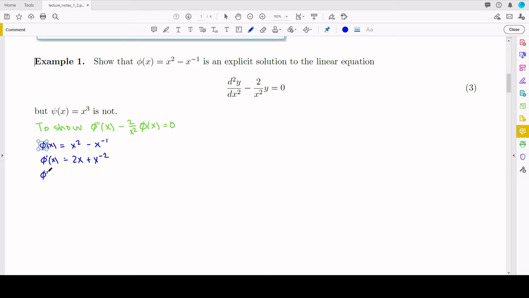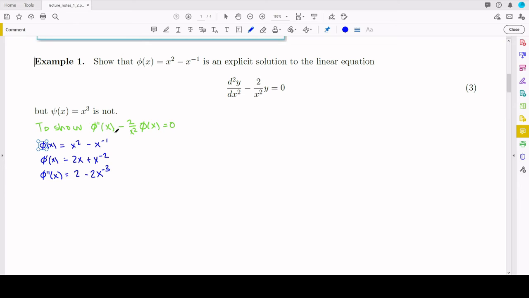And then phi double prime of x equals 2 minus 2x to the power negative 3. Now note that we don't need phi prime for the differential equation, but we do need phi prime to get to phi double prime.